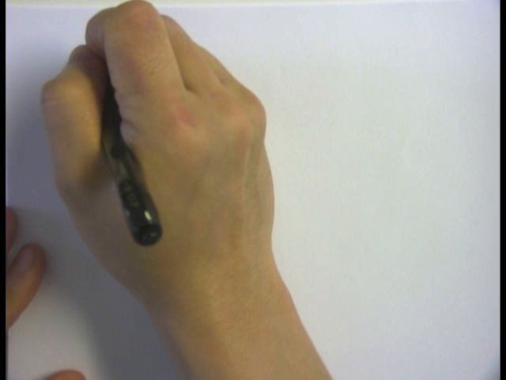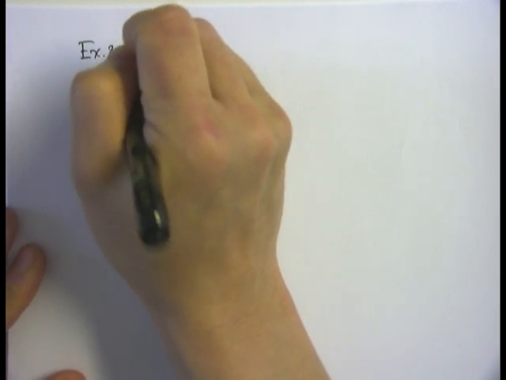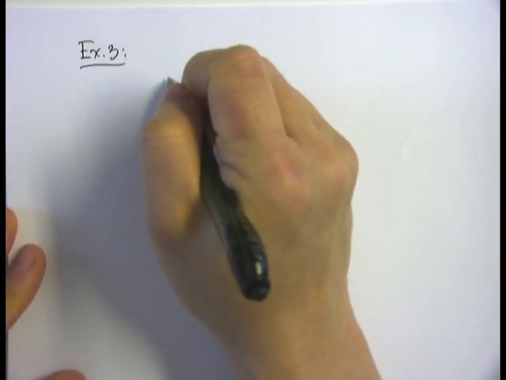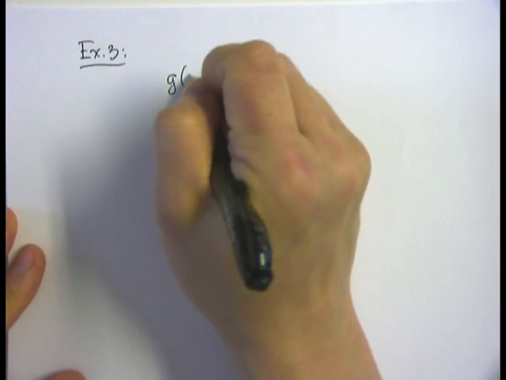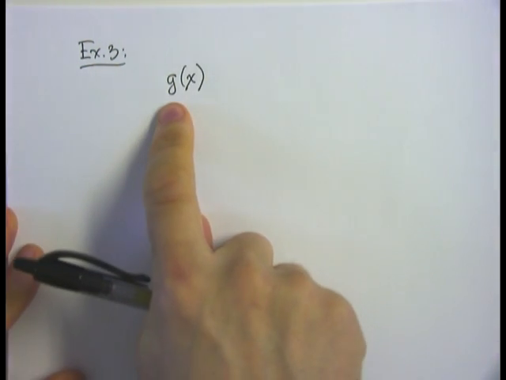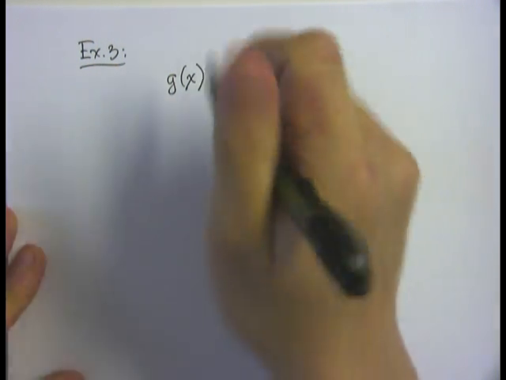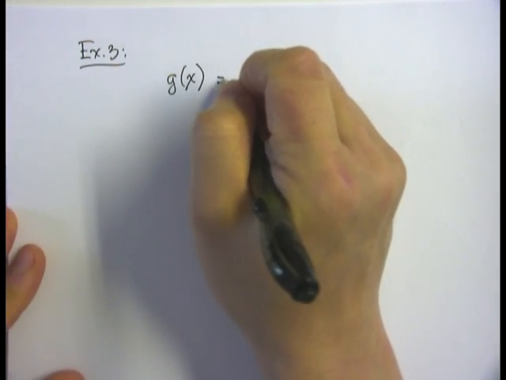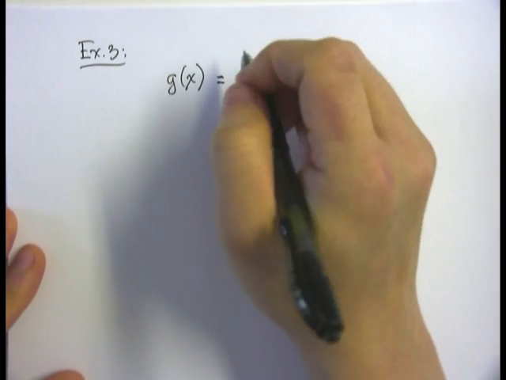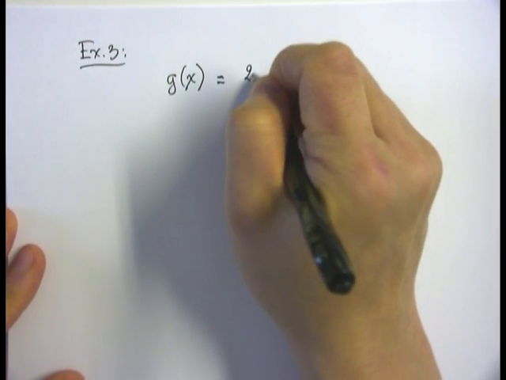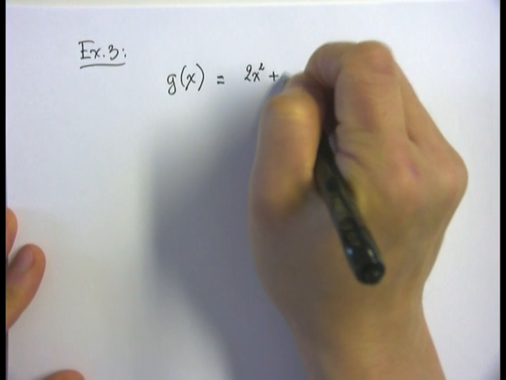How about this time, in my example number 3, the function, and we can call it a different name again. How about we call it g of x this time? Okay, so the real function's name is lowercase g. The x in the function is the input. And so my function is 2x squared plus 1.